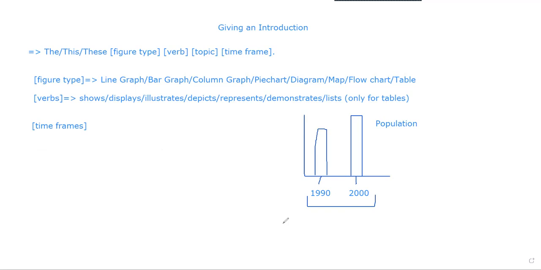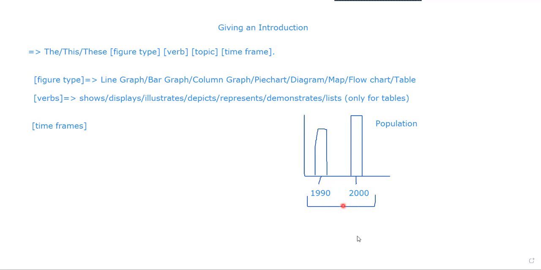Can anyone tell me? Sir, this column graph. No, not the introduction. I'm asking, what is the entire duration of time that has passed? 10 years. Exactly. 10 years, right?